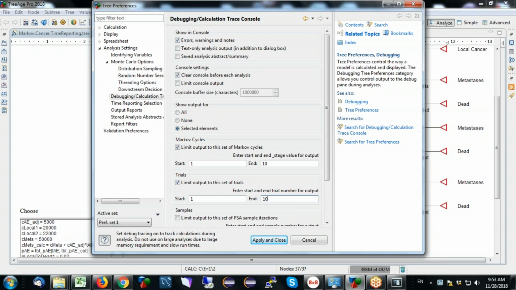And this just cuts down on the output so it won't take forever to run. If you turn this on to all and you don't limit it, it will take forever to finish 10,000 tries. It might not even finish because it will clog up the system with all the output. So it's useful to limit the output so that it doesn't get too unwieldy. So I've changed it to record a selected element for a limited number of cycles and a limited number of individual patients.